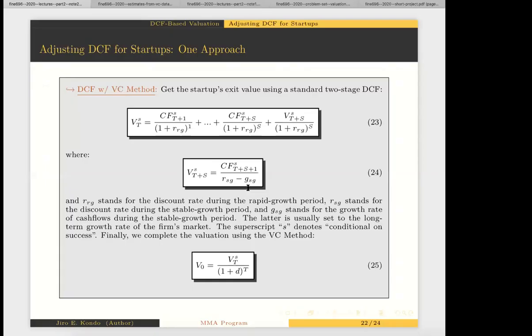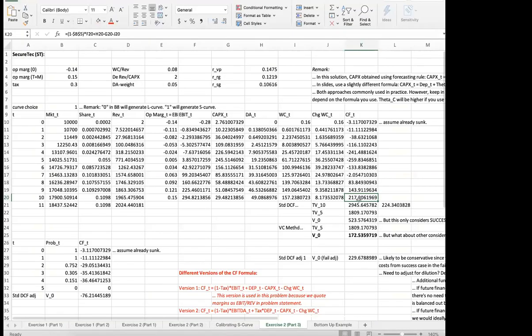But in addition to that, we also assume that we're going to have a constant growth rate of our cash flows thereafter as well. So once the company stabilizes, we expect, in the case of SecureTech, a constant 3% growth rate per year because the overall industry is growing by 3%.